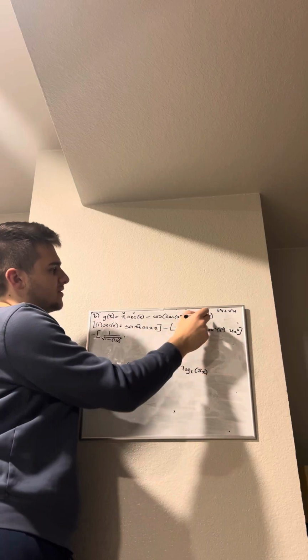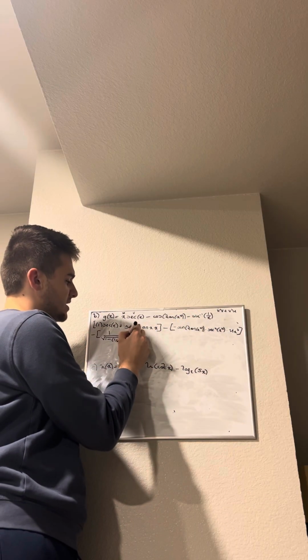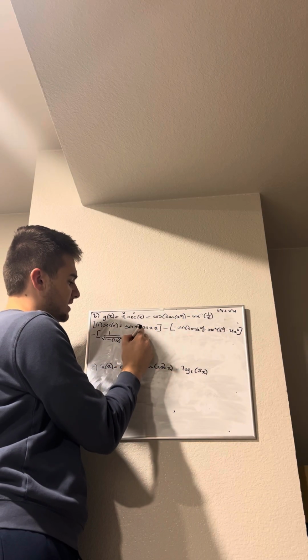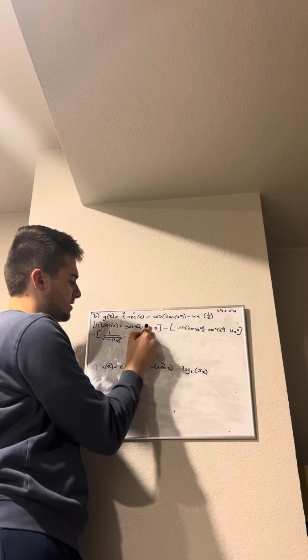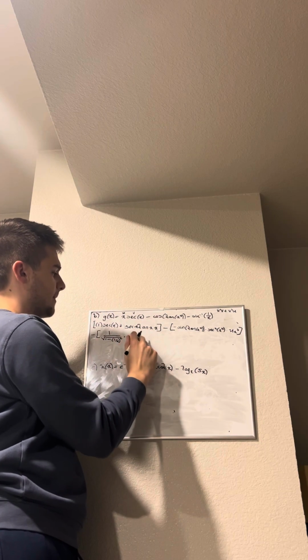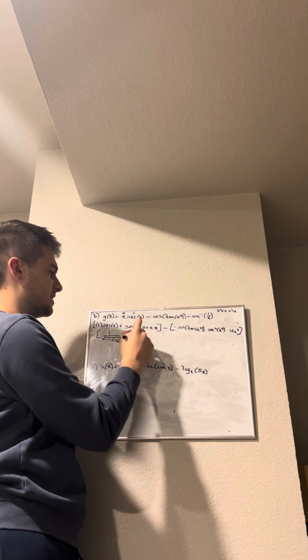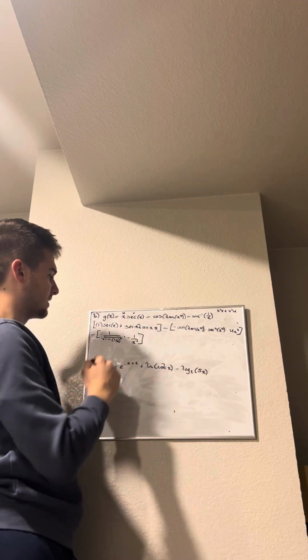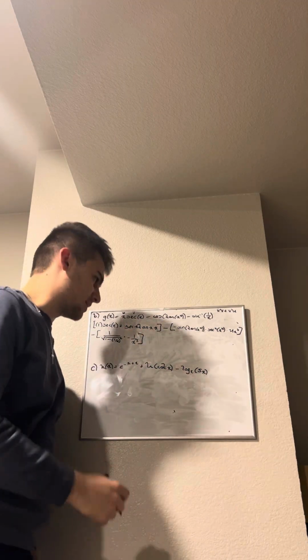So the derivative of the inside in this case would just be negative 1 over x squared. So we have the three big terms over here.